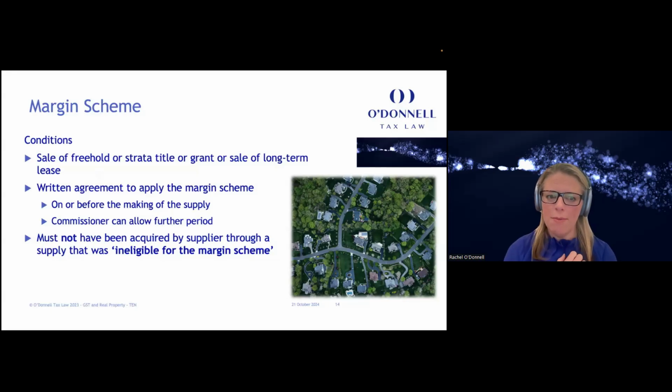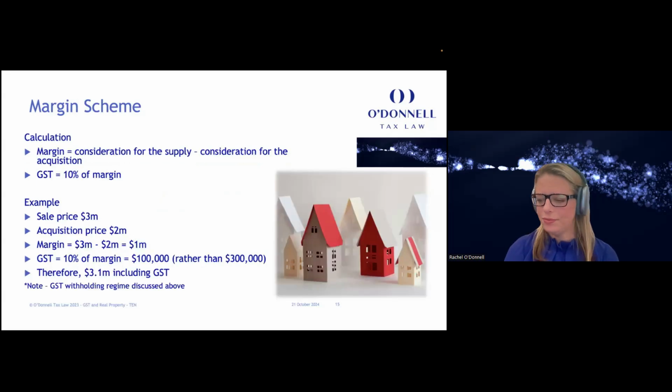So if I buy property as a taxable supply and it's got full GST, then I can't apply the margin scheme on the sale of the property. The other one that crops up from time to time is acquisitions through an inheritance, and certain related party supplies. So again, if you have something that's not absolutely plain vanilla, you haven't acquired under the margin scheme, then drill into those details to see if you can qualify.